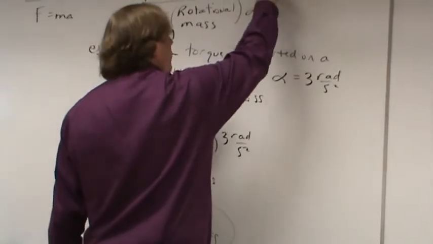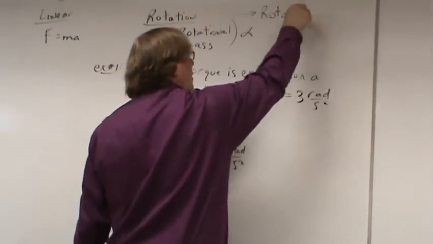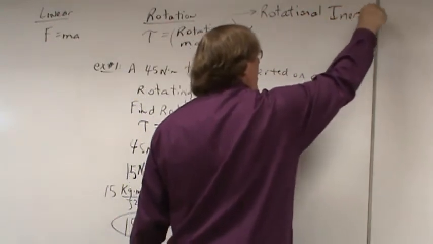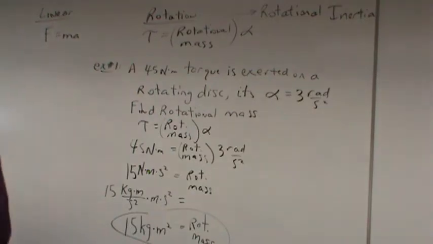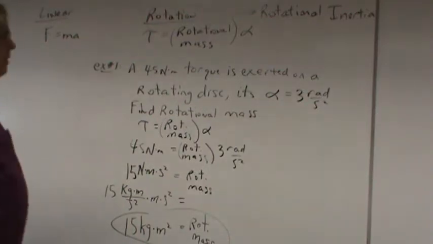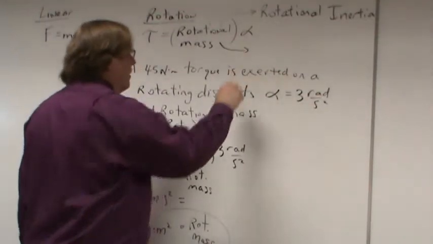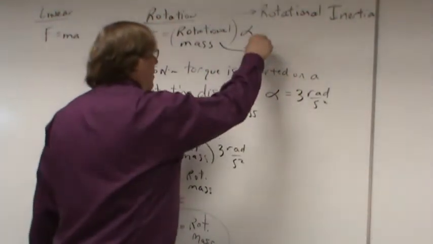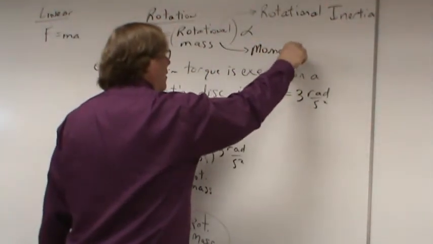We call it rotational inertia, because mass measures inertia. There's another name for rotational mass. It's called moment of inertia.